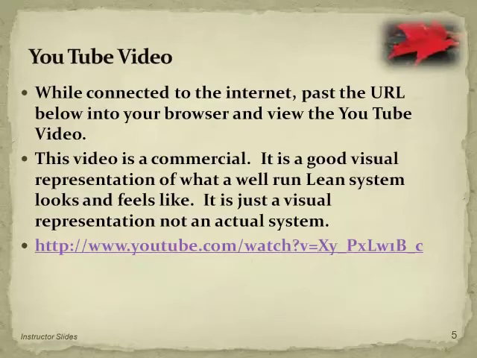So there's a YouTube video that we're going to be seeing next, and the URL for this YouTube video is shown here. I've selected this YouTube video because I think it does a very good job of representing, in a humorous way, what a good lean system looks like.